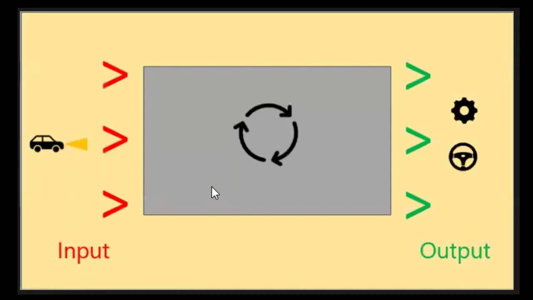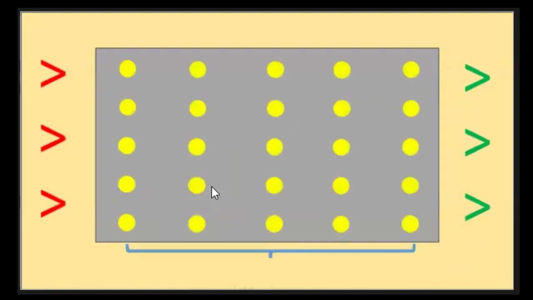There we had only one output. Here we are going to have multiple outputs. In the middle, we are going to have interconnected neurons. So this is input. This input side is called the input layer. That is output.